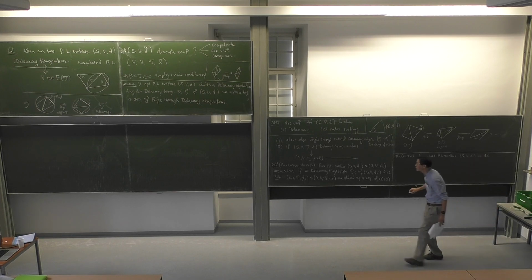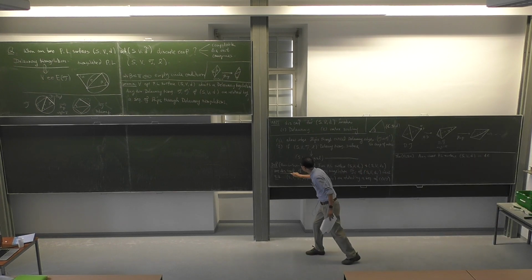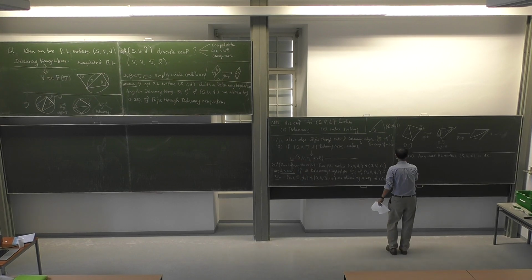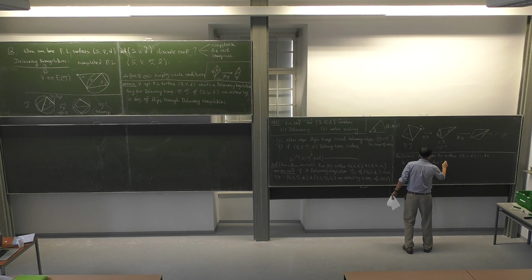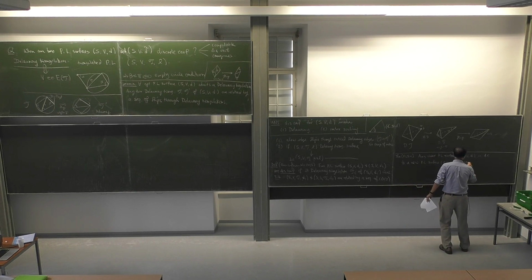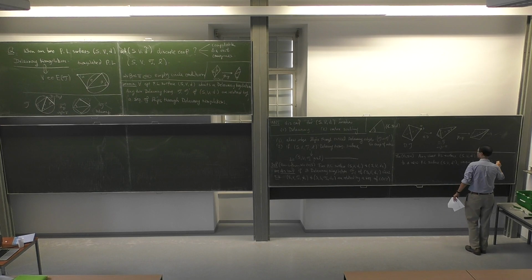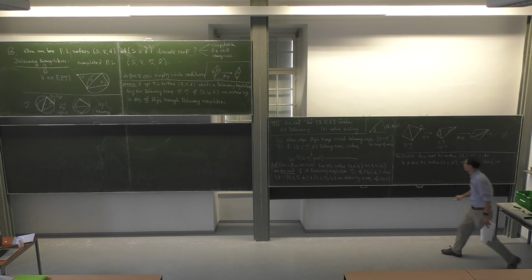So I'm going to call this discrete conformal here, abbreviated as DC, to a new PL surface (S, V, D prime), unique up to scaling, such that this D prime has constant curvature.